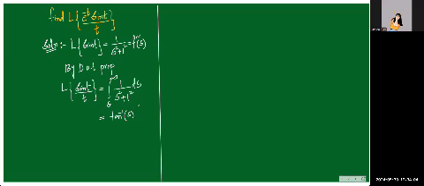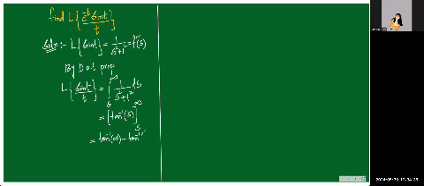Its limits are s to infinity. Apply the upper limit: tan inverse of infinity, minus tan inverse of s.